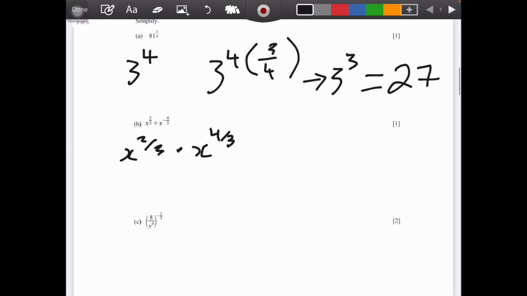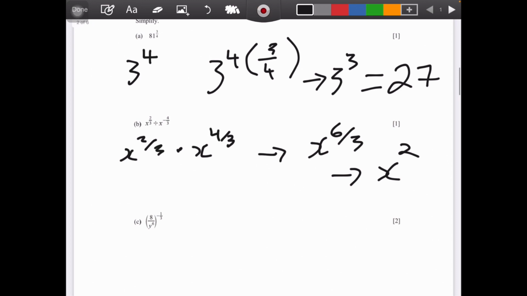Because we will be flipping the power of x, because a negative exponent means we rewrite it as 1 over x. So we multiply it, and we can just get rid of the negatives. This leads to a final answer of x to the power of 6 over 3, which is the same as x to the power of 2.